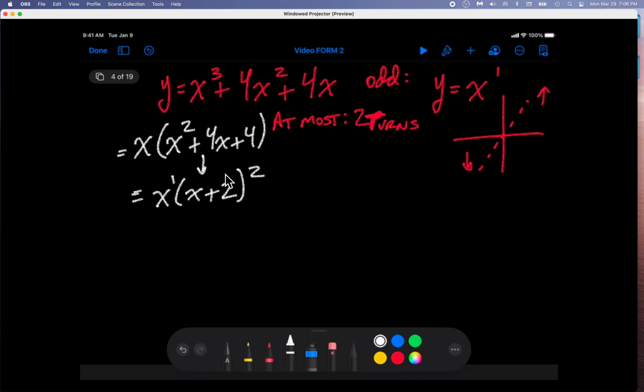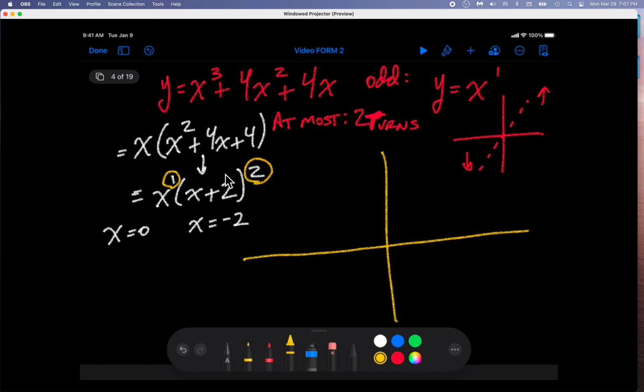Okay. Set each equal to 0. We get x equals 0 and x equals -2. What do we notice about these two zeros? This one has an even exponent. This has an odd exponent. Therefore, when we do our graph, we label our zeros.